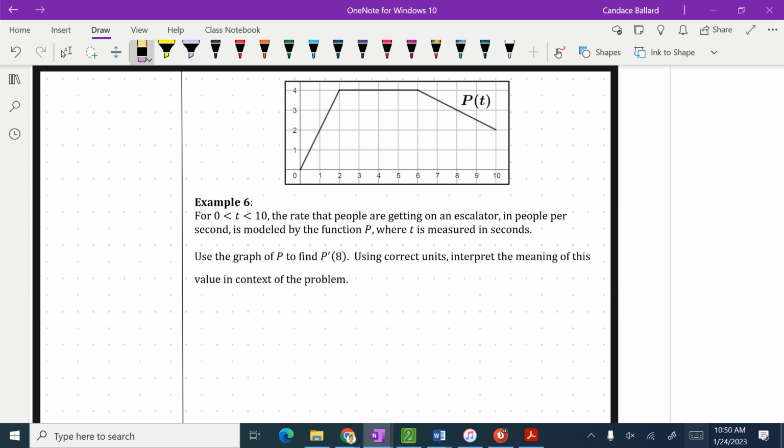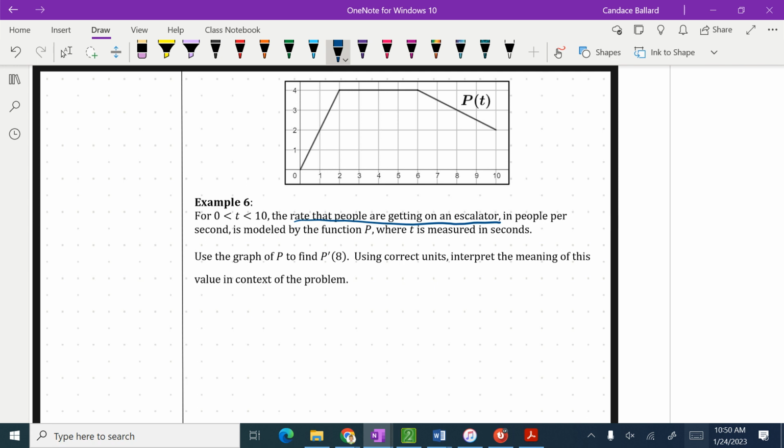Okay. This one is a little bit weird. So it looks like they give us an original function, right? It says P of T. And they say find P prime of T. Okay. So let's read it together. For the interval between 0 and 10, the rate that people are getting on an escalator.